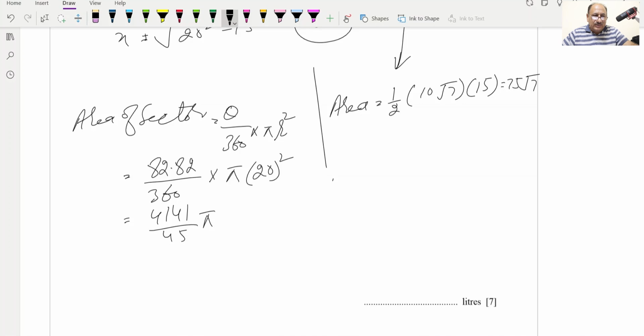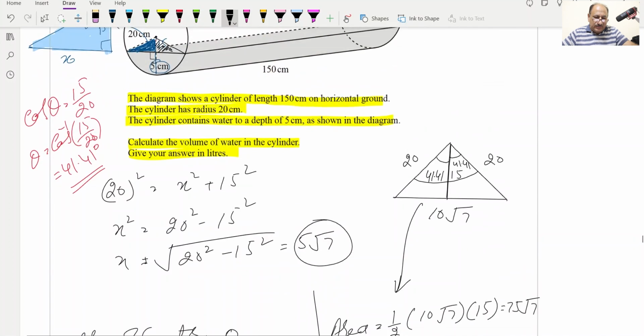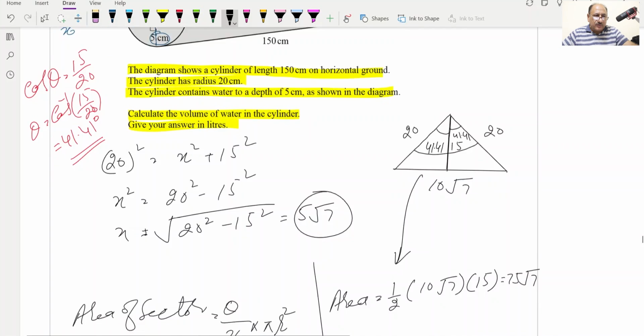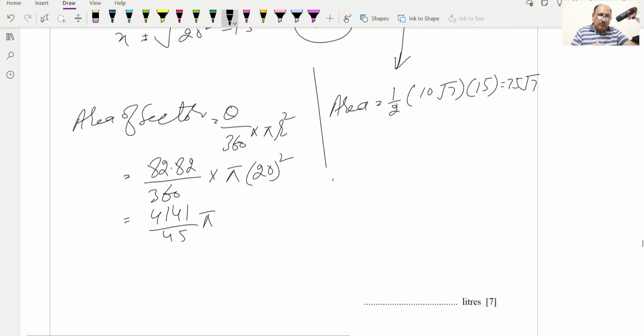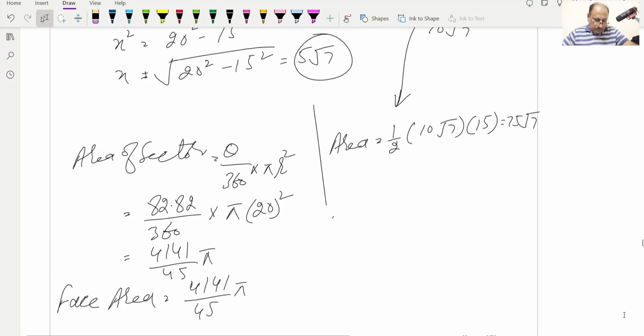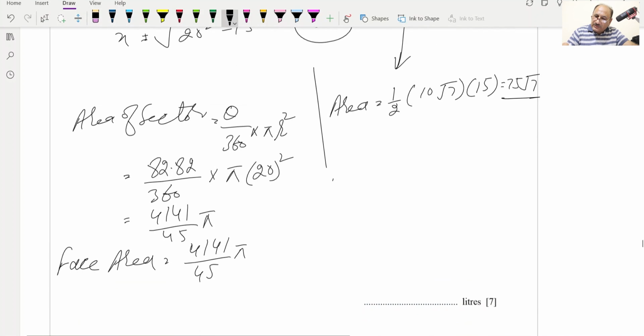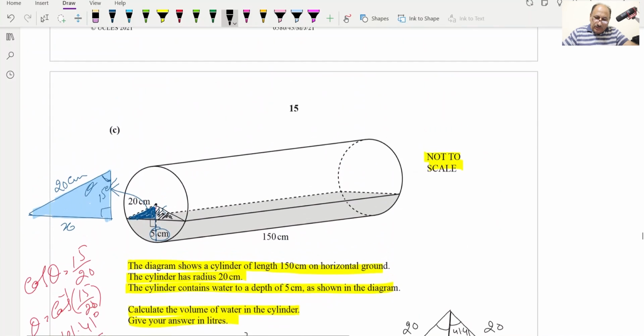Now we can calculate the face area. Face area will be equal to 4141 over 45 pi, which we have just calculated, minus this triangle area, because we need only this portion which is shaded over here.